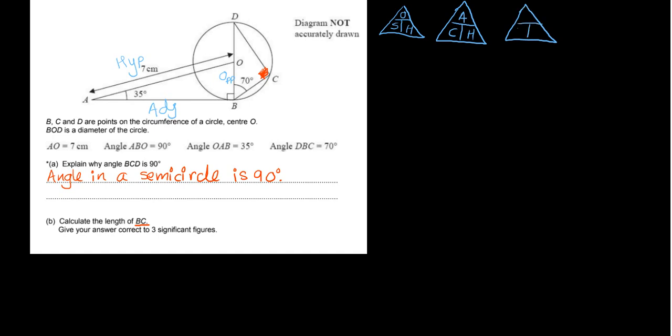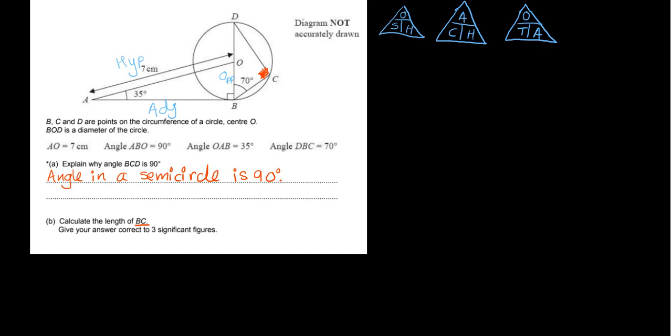Tan, opposite, adjacent. Firstly we've got to make a decision, which ratio do I use? I need to find the opposite side in triangle ABO, and I've been given the hypotenuse. So I look at my three ratios and see which one has opposite and hypotenuse in it, and that is the sine ratio.